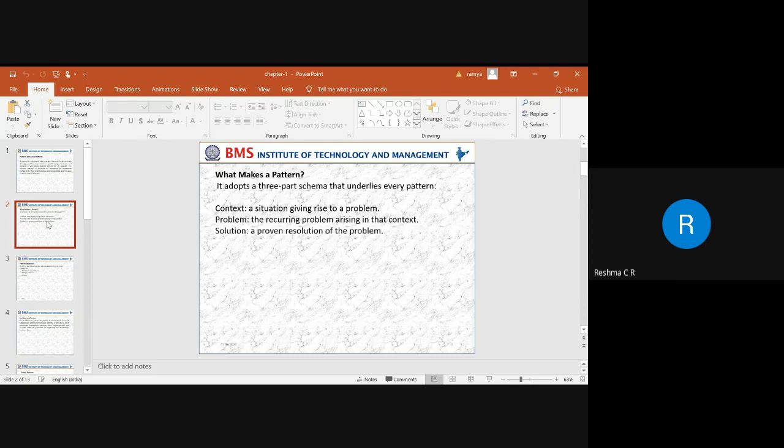The context is a given situation, a situation giving rise to the problem. We are taking a particular situation, say for example a result analysis. Result analysis is a particular context. How are we analyzing that, and what problem arises?